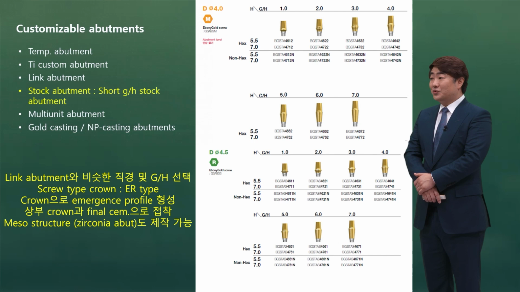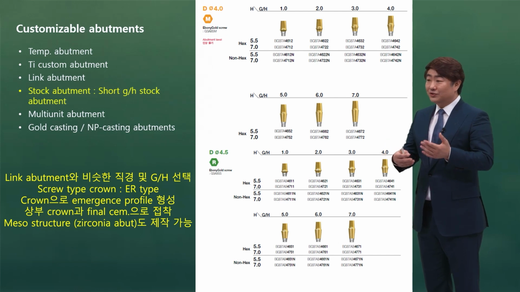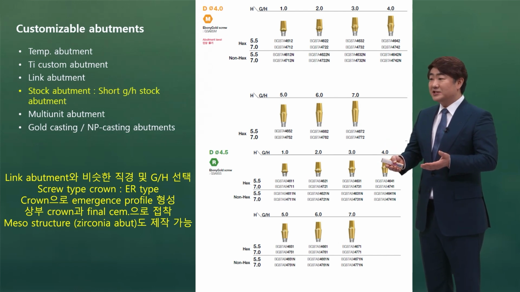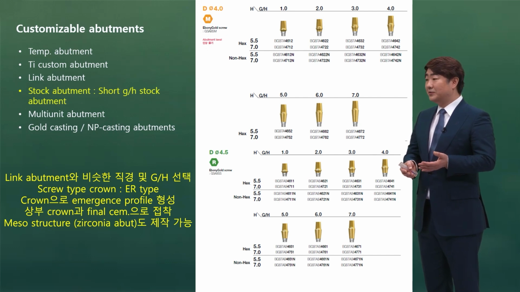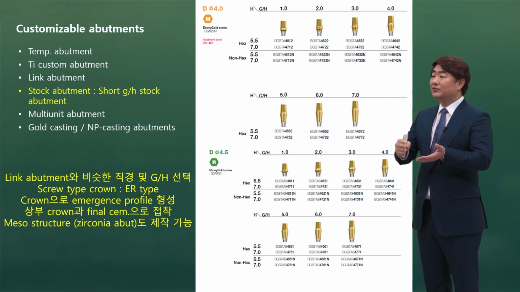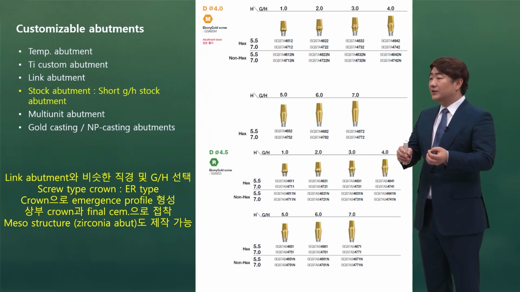Next, when we use link abutment to create a screw type temporary or customized abutment, but sometimes we can also use stock abutment. Link abutment gingiva height is 1, 2, 3, and the diameter starts from about 4.5. So gingiva height is about 1, and the diameter is 4.5, and a stock abutment of that size is used.